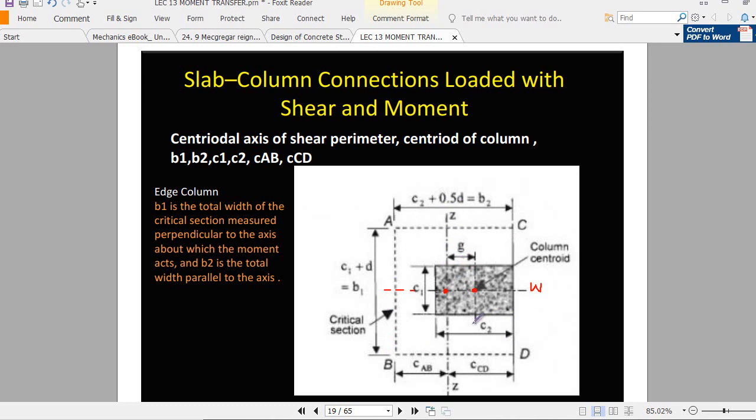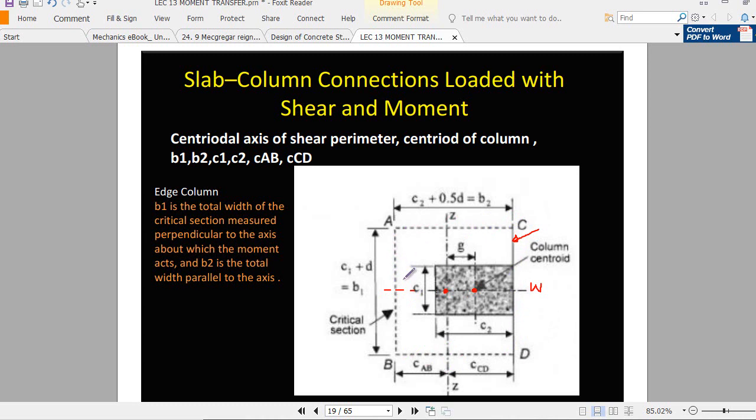Now what is the AB face? This is the face, or you can say the front. For example, this is the edge of the slab, so this is the face of the shear parameter. Okay, and AC and BD are the sides, and this is the back side.